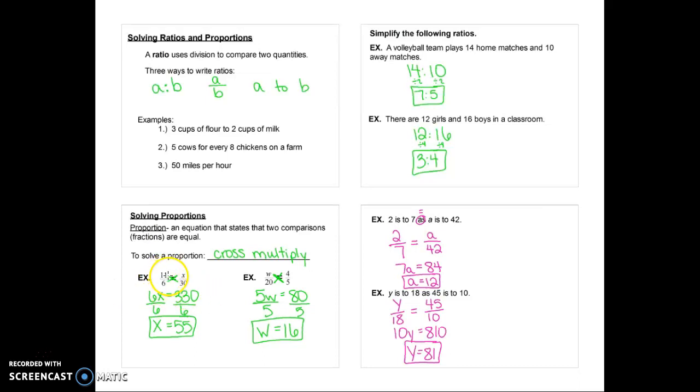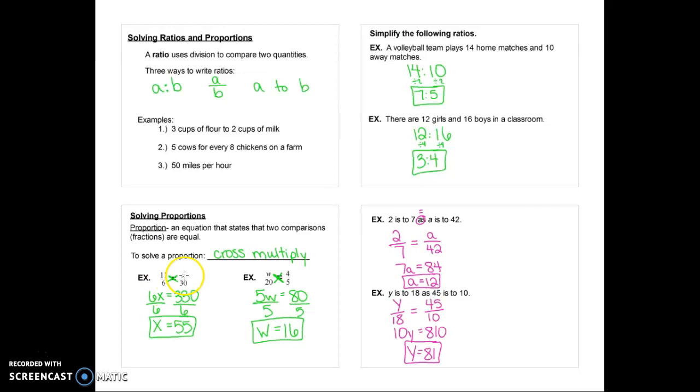I cross them by taking one numerator times the opposite denominator, and then the same with the other. I take this first denominator times the other numerator. So I'm crossing them when I multiply. Now, I normally start with my variables whenever I do it, so I'm going to start down here. It does not matter if you start with the 11 times the 30 or if you start with the 6 times the x, but I will typically start with the variables.